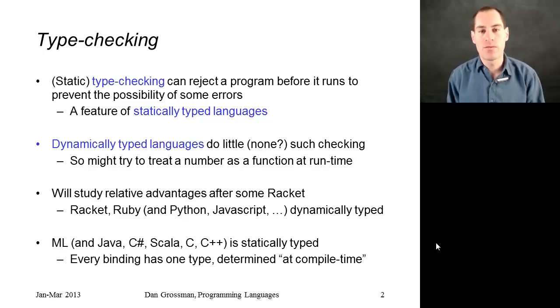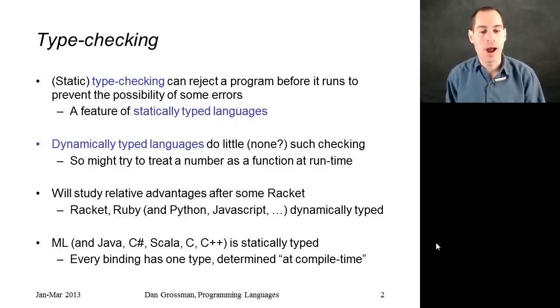Now, the relative advantages of static and dynamic type checking is a major concept in the course, and we're going to study it, but I want to do that after we've used the dynamically typed programming language for a while, and Racket is one, so we'll be in good shape there. At this point, we've only seen ML, and ML, like Java, C, Scala, etc., is statically typed.